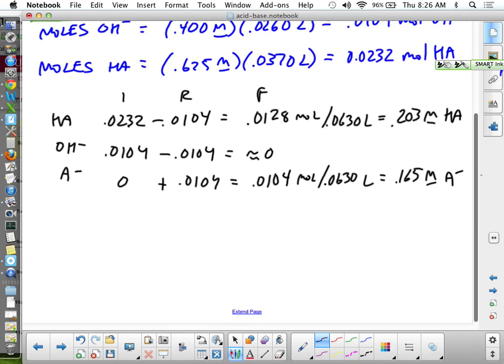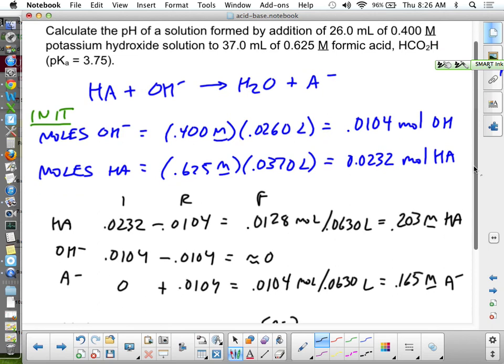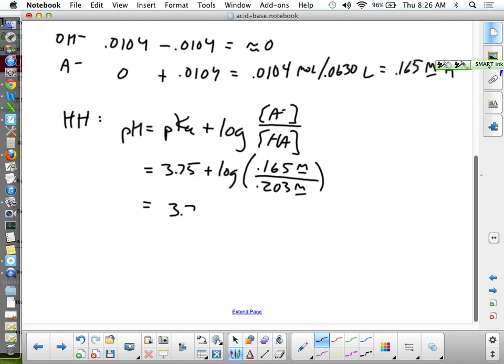Henderson-Hasselbalch. All right. So the HH equation is pH equals pKa plus the logarithm of the ratio of the conjugate base to the acid. I gave you the pKa. It's 3.75, plus the logarithm of 0.165 molar over 0.203 molar, equals 3.75 plus.